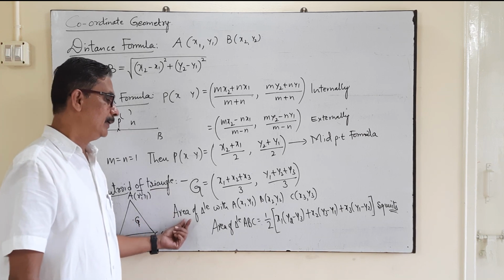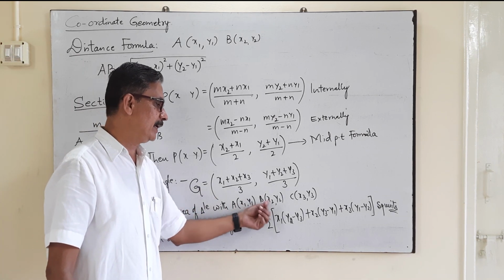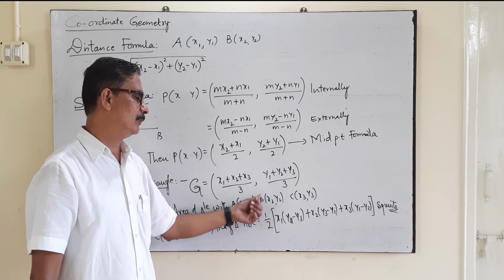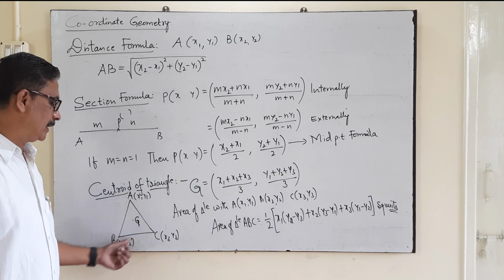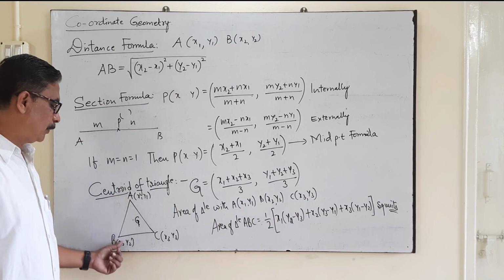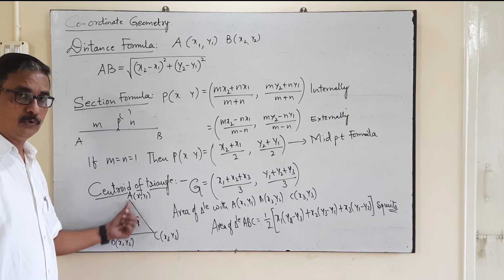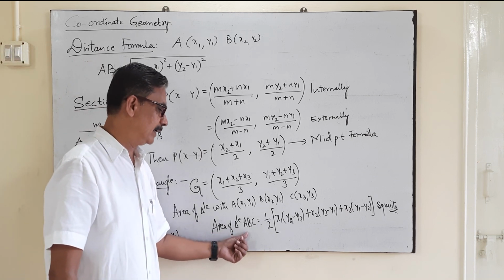And finally, to find the area of triangle ABC with three vertices given, say A is the point x1 y1, B be a point x2 y2, C be a point x3 y3. Three vertices, tip of the points. Vertices ಕನ್ನಡದಲ್ಲಿ ಏನಂತಾರ? ಶೃಂಗ ಬಿಂದುಗಳು. ಮೂರು vertices ಗಳನ್ನು ಕೊಟ್ಟಾಗ what is its area of triangle?